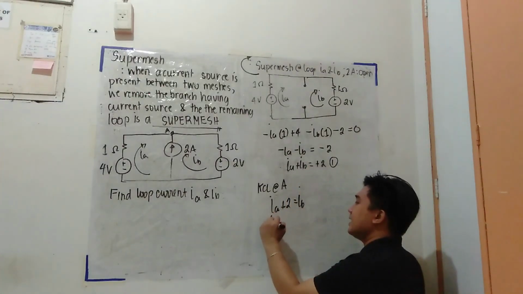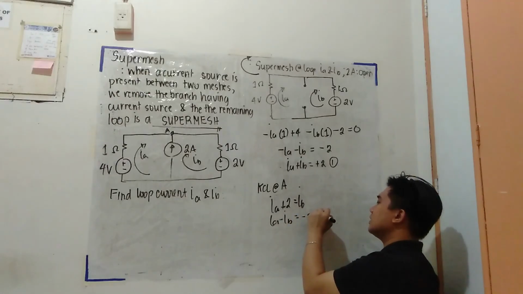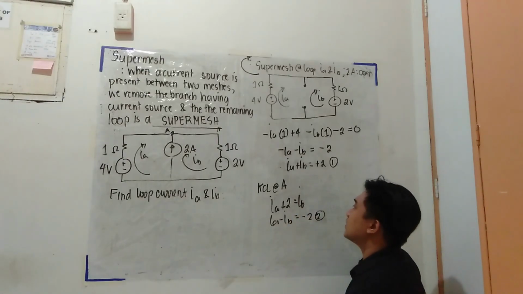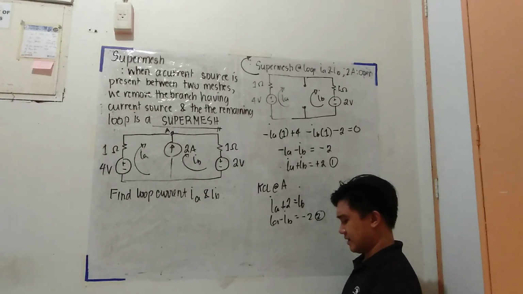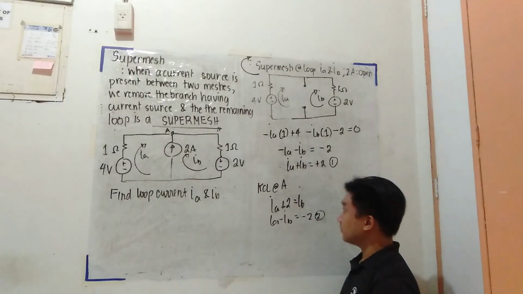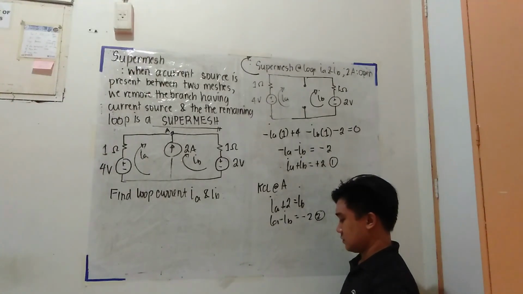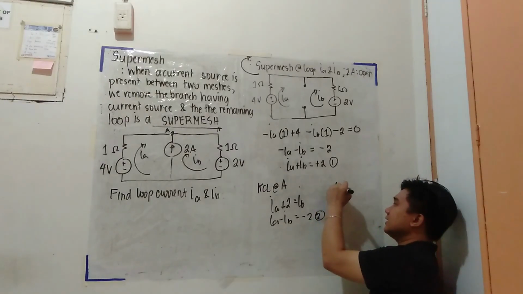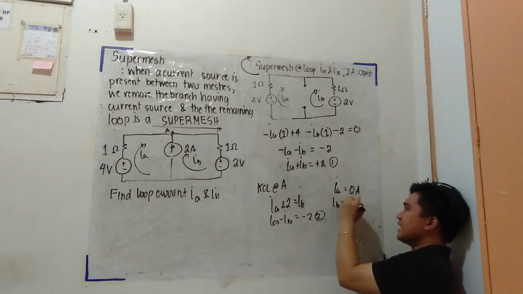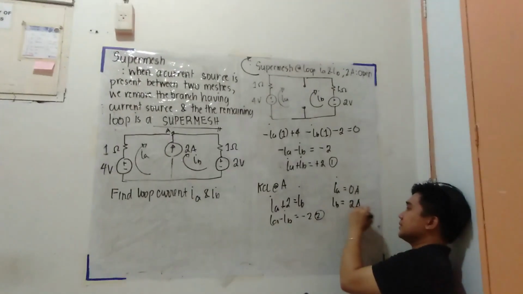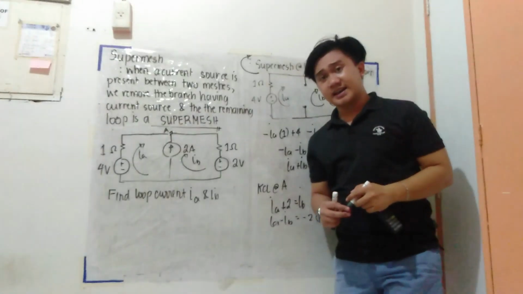So, IA minus IB is equal to negative 2. Equation number 2. And I'm just going to use my calculator in order to find IA and IB. So, using my calculator, IA is equal to 0 ampere and IB is equal to 2 amperes. So, these are the value of my loop currents.